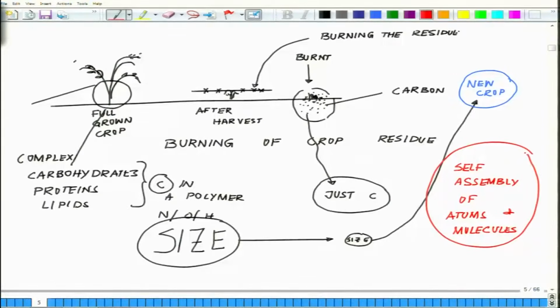Of course, the self-assembly is driven by a series of enzymatic forces, several templates. Now when we talk about this small size, these are the ones which self-assemble to form those complex structures.